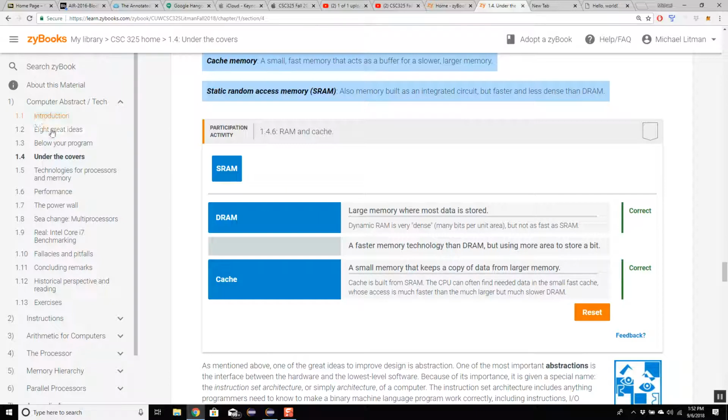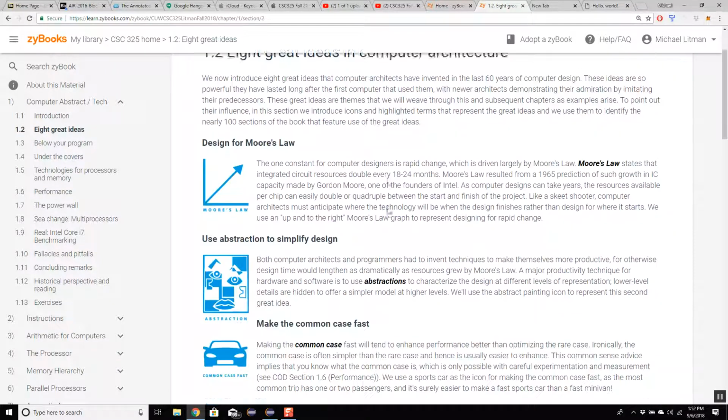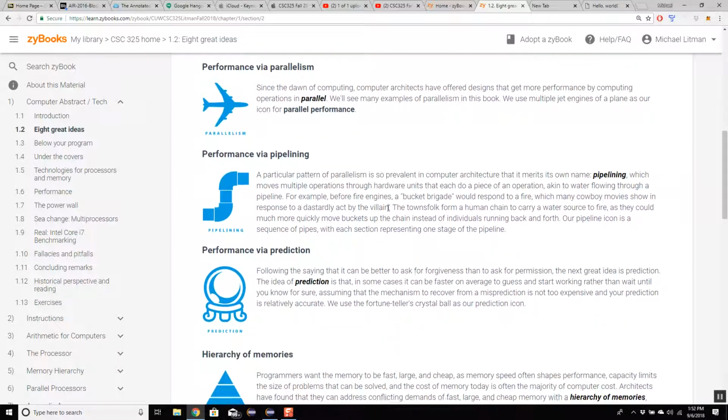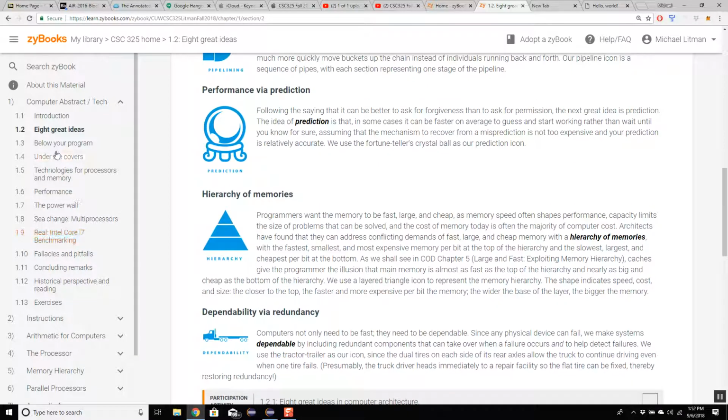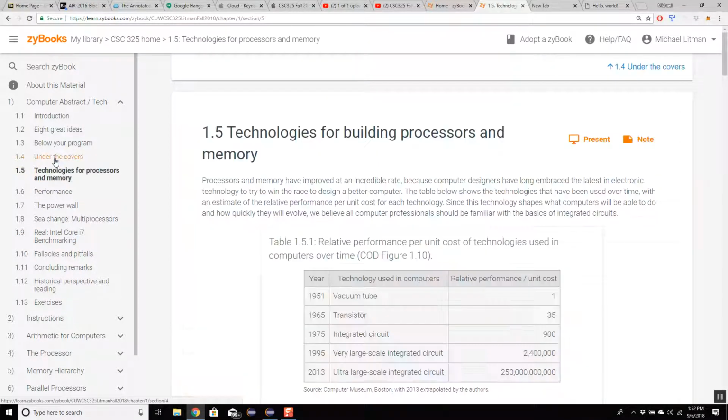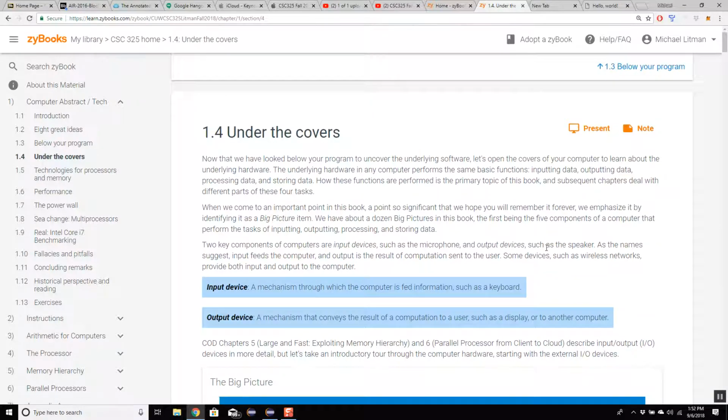This goes back to our first screen, 8 Great Ideas, where we talk about performance via prediction. Sometimes we can get additional information out of those bits before we need to use the data. That was still under the covers, right?